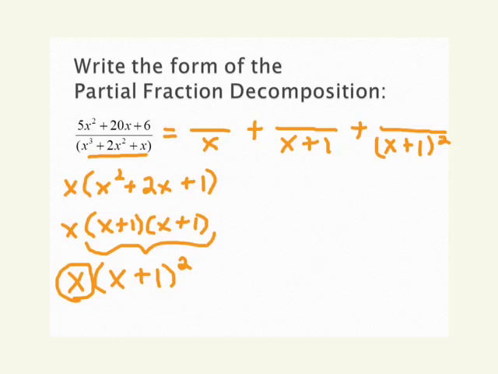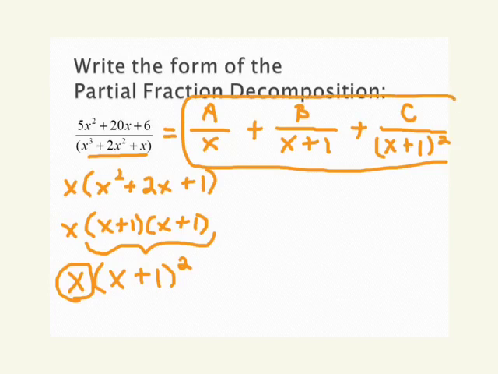So it's really what's going on inside of the parentheses that determines whether or not that's considered linear or quadratic. So since all three of these are linear, they're all going to have constant terms. So we'll say A, B, and C. And this would be the form of our partial fraction decomposition.